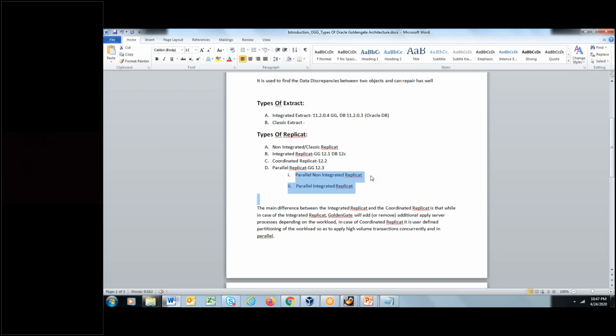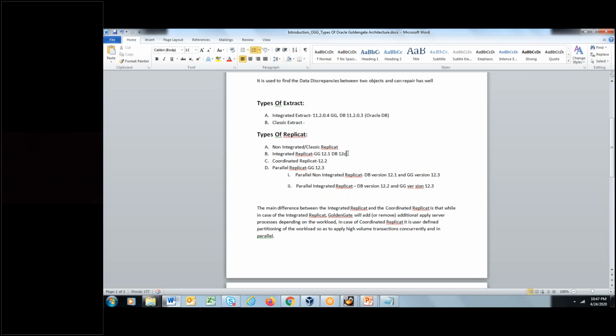For parallel non-integrated replicate, the minimum DB version needs to be 12.1 and the GG version 12.3. For parallel integrated replicate, the DB version needs to be 12.2 and the GG version needs to be 12.3. So you have these types of replicates available.